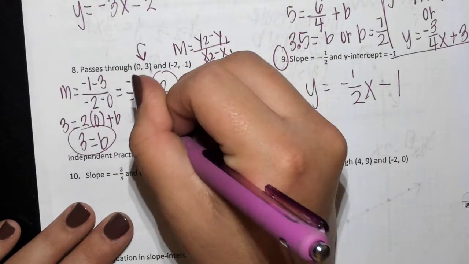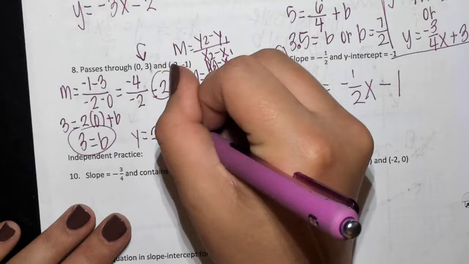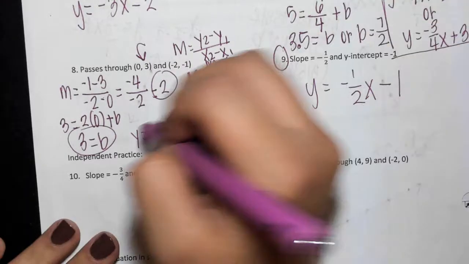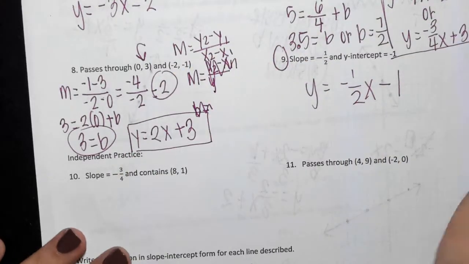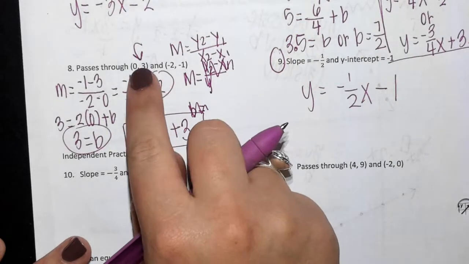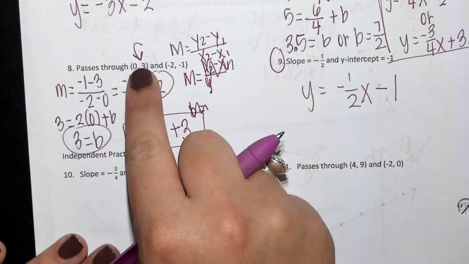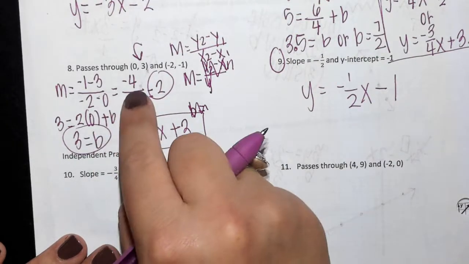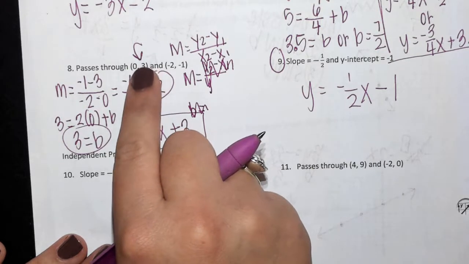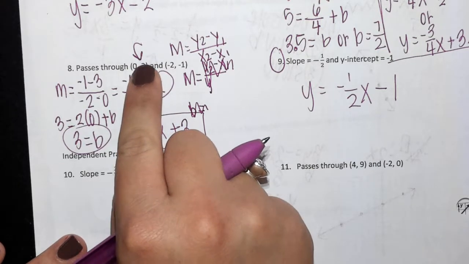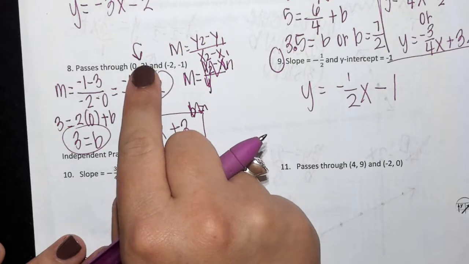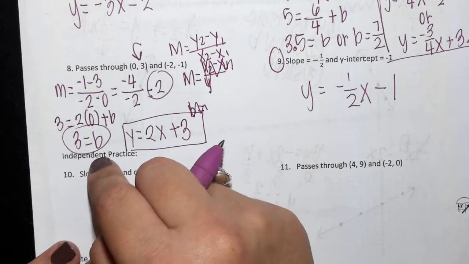So y equals 2x plus 3. This right here is the only scenario when 3 is your actual b. And that's because that is a point on the y-axis. When x is 0, that's your y-intercept. But when you're in doubt, just plug it in. You'll get the same thing.